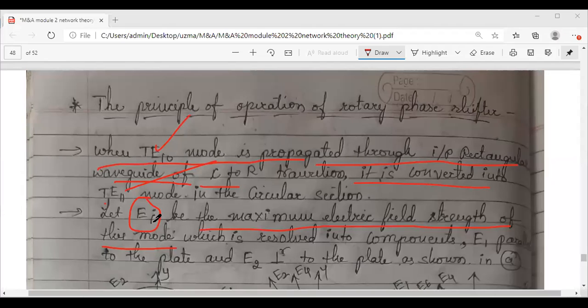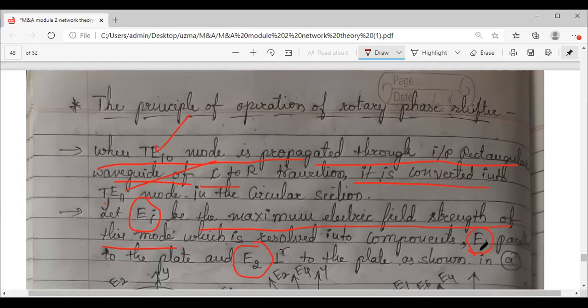So vector resolution we have studied already. Any vector can be resolved into two components, horizontal and vertical. So here also, whenever EI enters the rectangular waveguide, it is resolved into two components. And those two components are, say, E1 and E2.